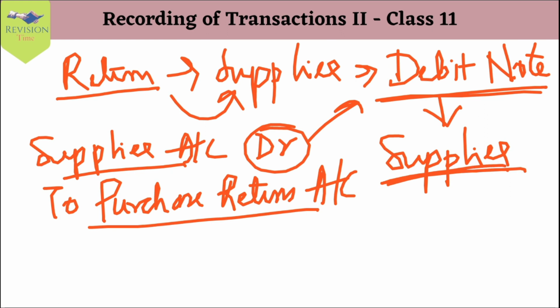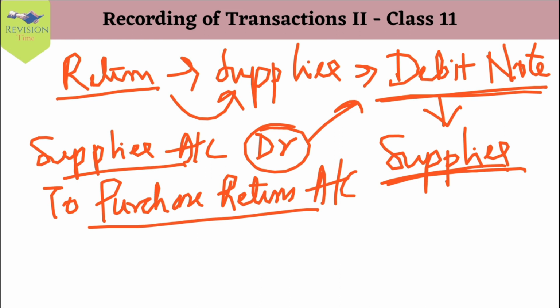So a debit note is issued is one important point, and the other is that we record only those transactions which are credit purchases and which we are returning to the supplier. There might be various reasons why a business returns goods to a supplier: a wrong product, wrong specifications, a larger quantity than required, or a damaged product.